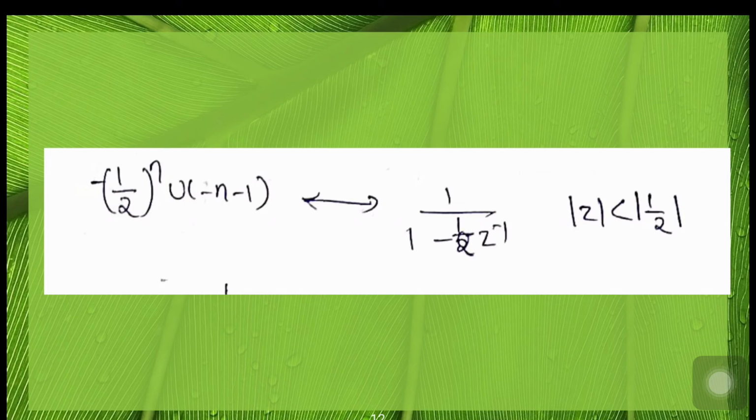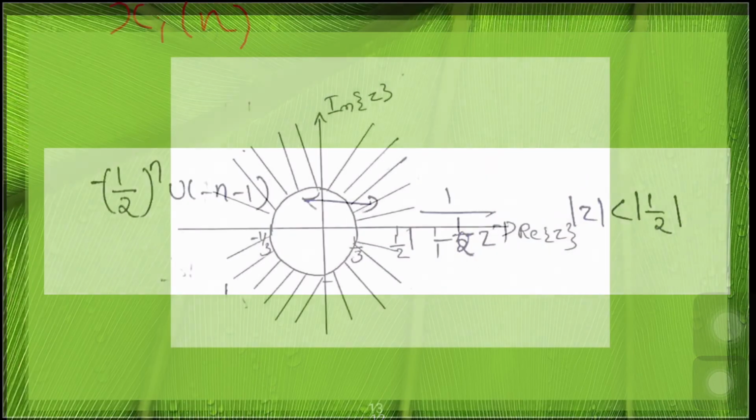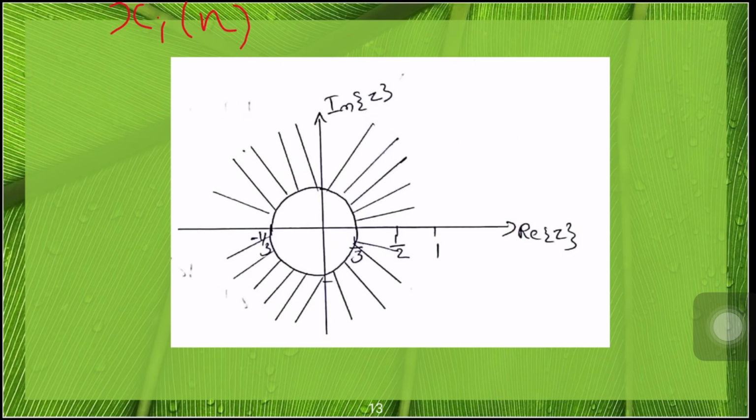Our next task is to combine these two results to get our desired ROC, that is ROC of x of n. We already calculated ROC of x1 of n as mod z greater than 1 by 3, which represents the area outside the circle of radius 1 by 3 in Z plane. You can see it over here.